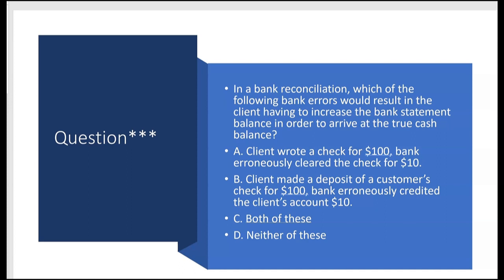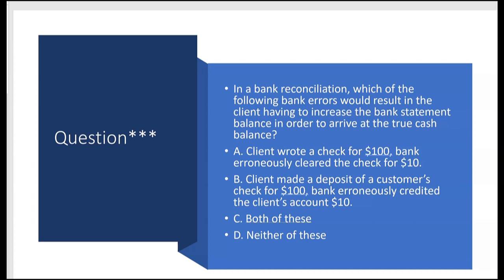The bank erroneously cleared the check for only $10. Well, that's a bank error because the client wrote the check for $100. So the bank should have cleared the check for $100, not for $10. So $90 more should be subtracted, not added, because the bank's eventually going to catch this error. So if we want the true cash balance, we'd have to subtract another $90.